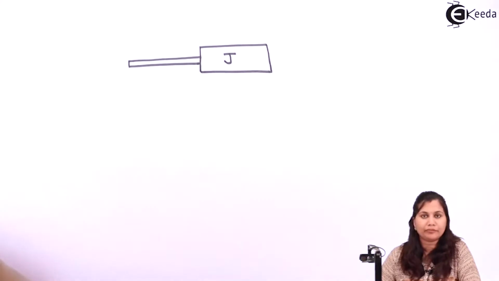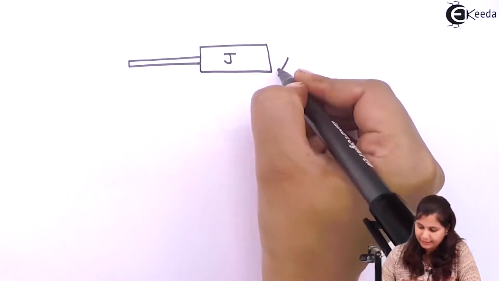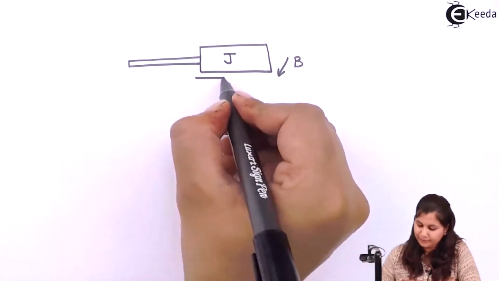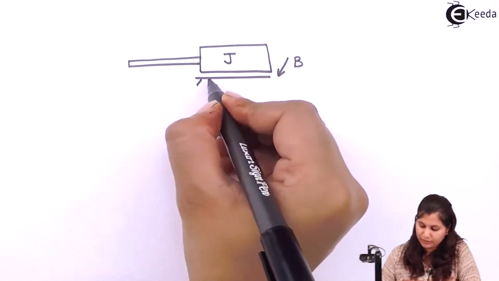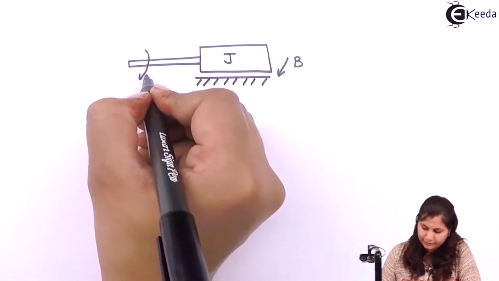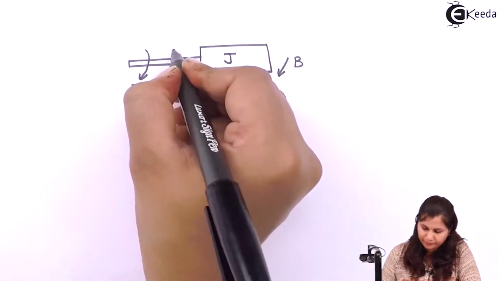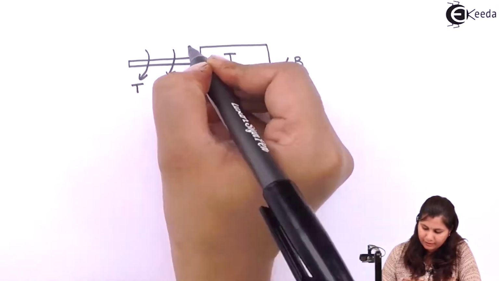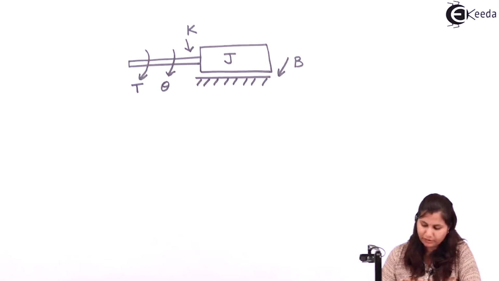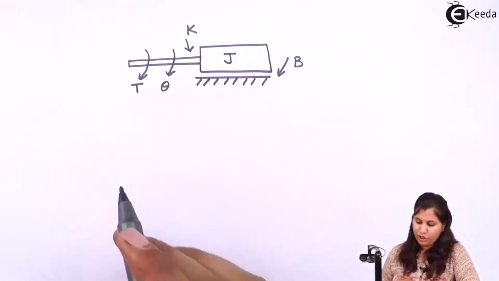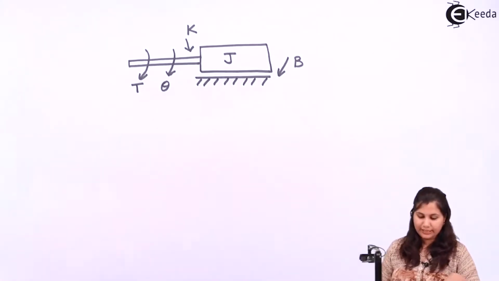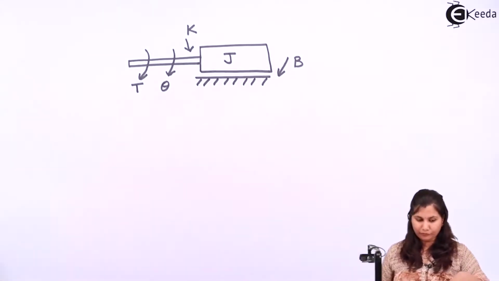This is the moment of inertia J, and the damping torque acting on it is B, that is the damping constant. The torque acting on it is T, this is theta, and the torsional spring constant is K. So this is a mechanical rotational system. So let's derive the mathematical model for it.